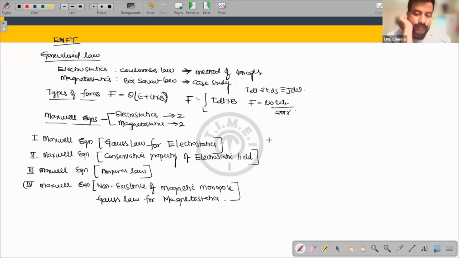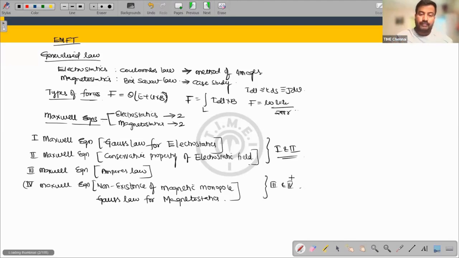So we'll discuss the first and second Maxwell equations first. We'll do related problems on this as a part of revision. Then we'll go for the third and fourth.